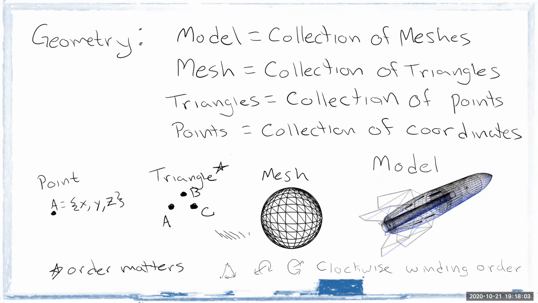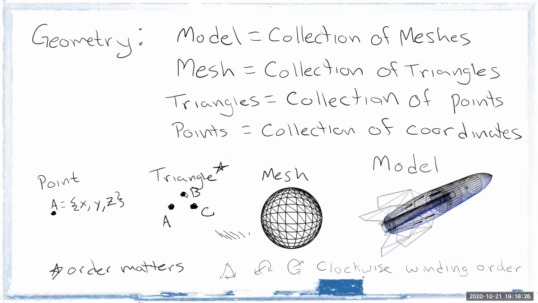And those points are a collection of 3 coordinates, X, Y, and Z. These triangles are a collection of 3 points, right? So a point A might have X, Y, and Z as its coordinates. It might be part of this triangle ABC.